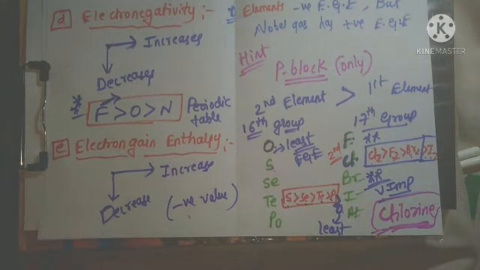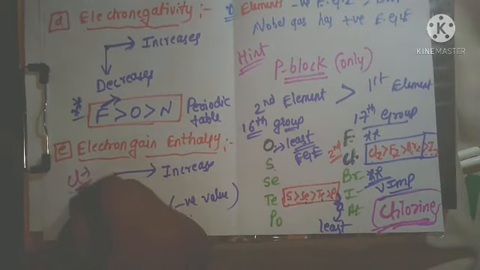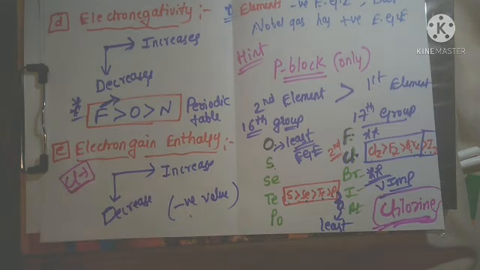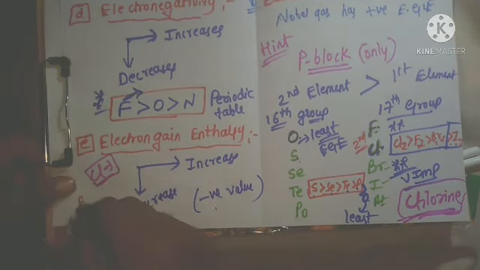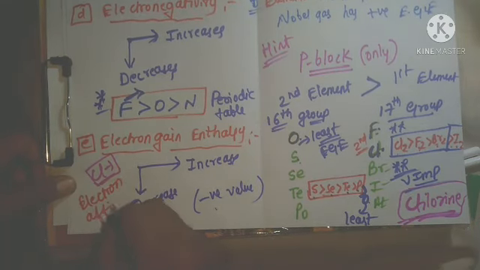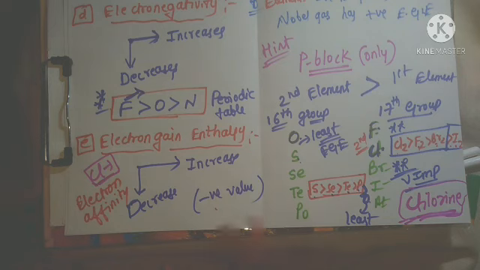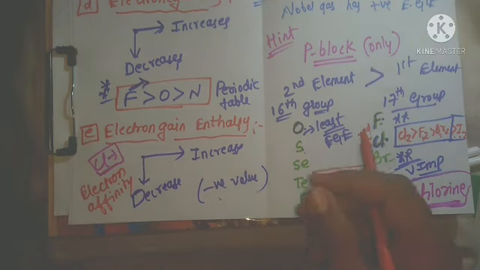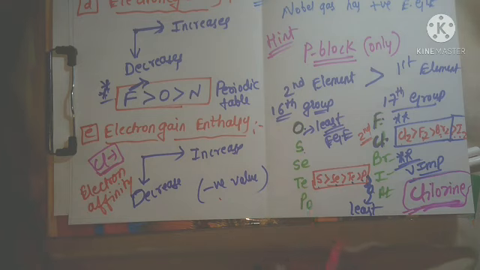Your answer should be chlorine, right? Electron gain enthalpy is also called electron affinity. The element with the highest electron gain enthalpy, or electron affinity, in the periodic table is chlorine, right? Now next we will go for another one.